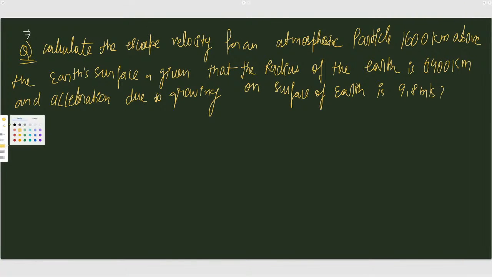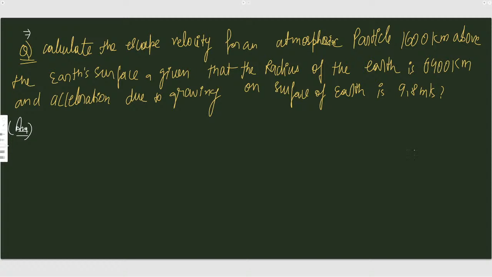Now we'll try to solve this question. It is not a tough question, but it is an important one that can appear in your examinations or competitive examinations. Basically, we need to calculate the escape velocity for an atmospheric particle at a height of 1600 kilometers above the Earth's surface.